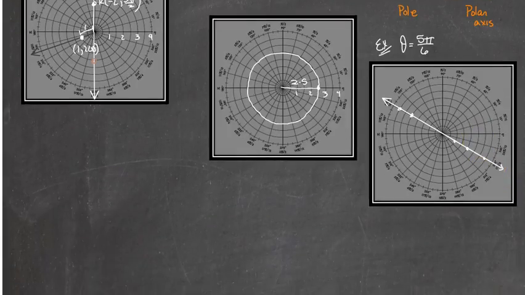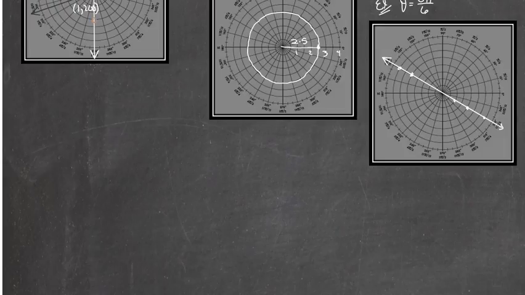So the last introductory part of dealing with polar coordinates is looking at the distance formula for polar coordinates. The distance between 2 points on a polar plane would be the formula: the square root of r1 squared plus r2 squared minus 2 times r1 r2 times the cosine of theta 2 minus theta 1.